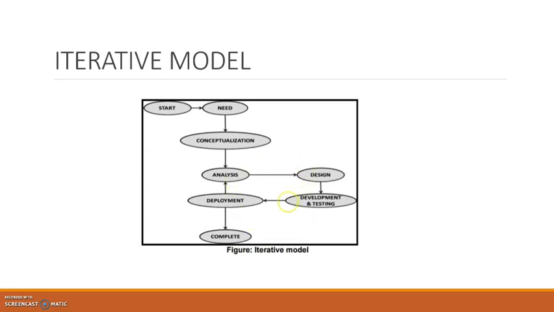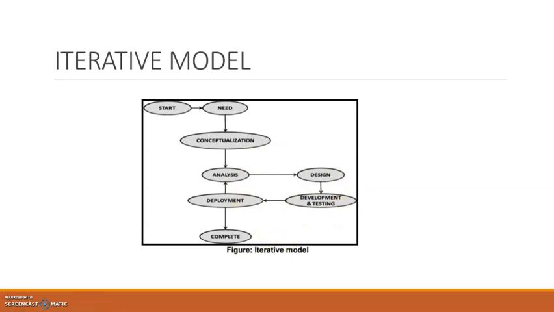There are multiple cycles happening within this design, and a cycle means this loop will execute. The first time this loop executes, the main or core functions are identified, and the next time the loop is executed, the bugs or errors get fixed.